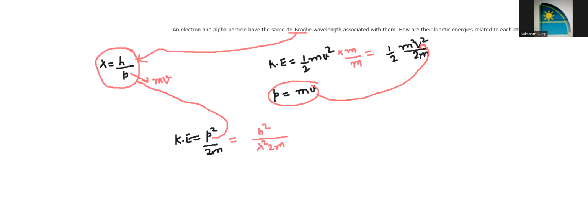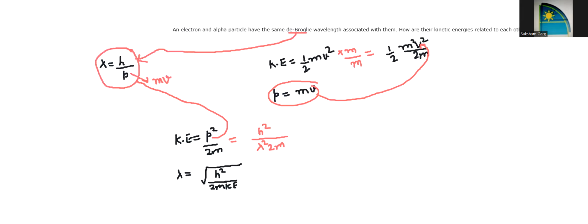That will be your kinetic energy. Now if I rearrange, I can find the value of lambda. Lambda will be written as under root of h square upon 2m kinetic energy.